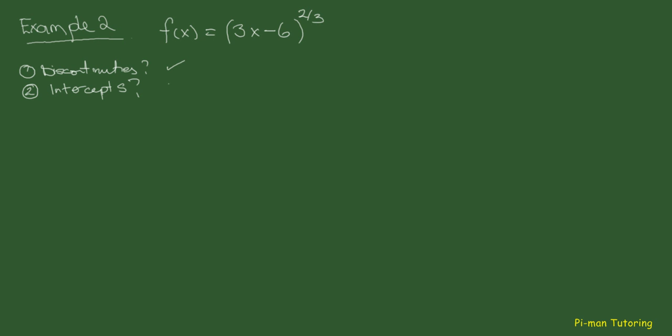So first of all, we set x equal to 0, and we find the value of f of x, and that would be equal to minus 6 to the power of 2/3. And what does that mean? That means square the minus 6, which gives me 36, and take the cube root. Similarly, if we want to find the x-intercept, we need to set the y value equal to 0.